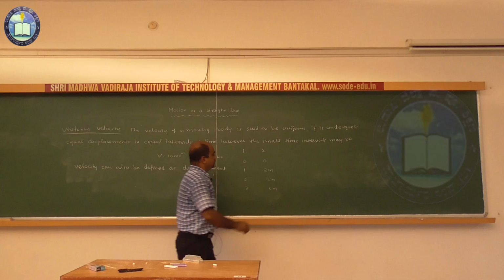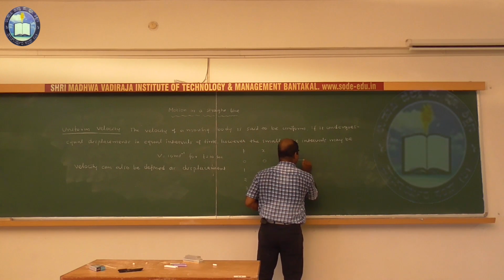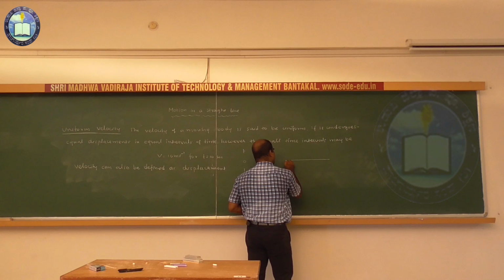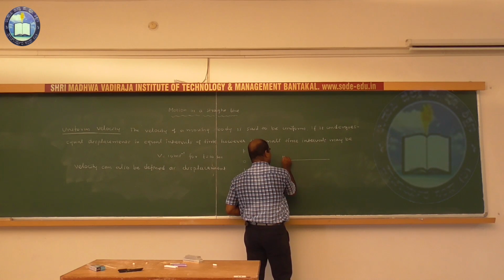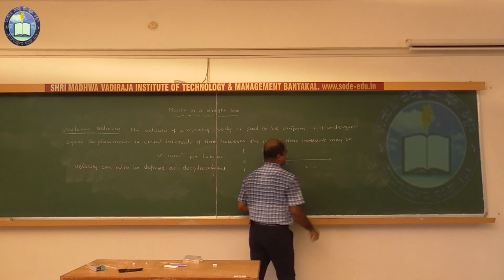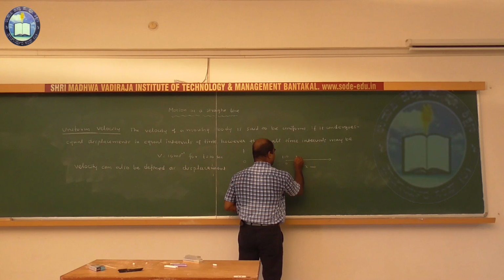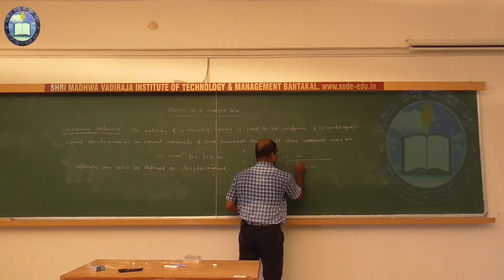Assume the body is moving along the right side of the reference point. When time t is equal to 0 second, the body is at x equal to 0. At t equal to 1 second, the body is at 2 meter.